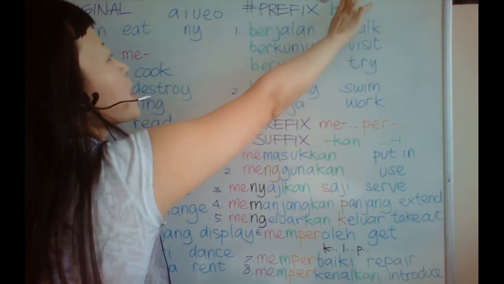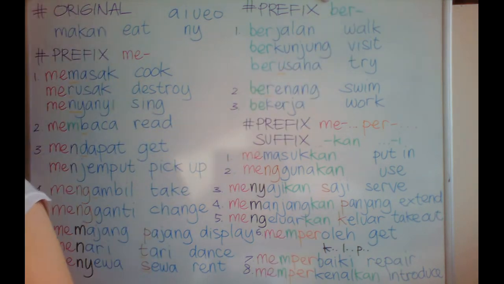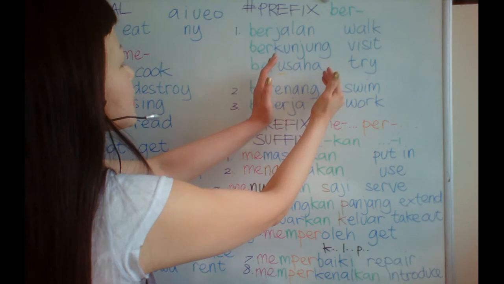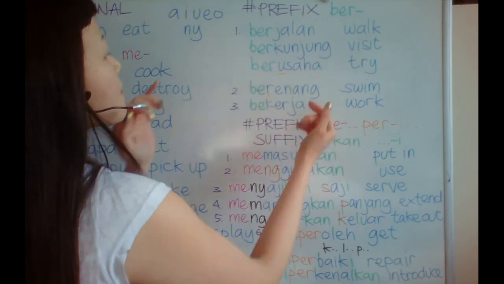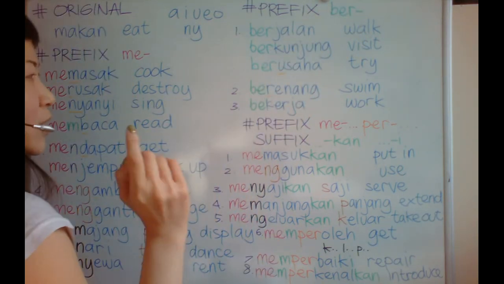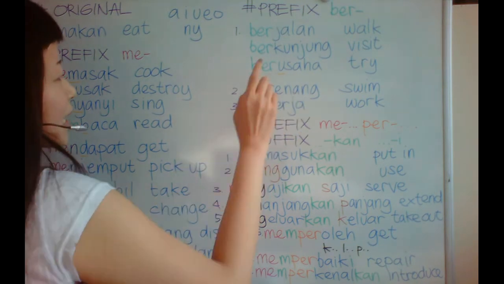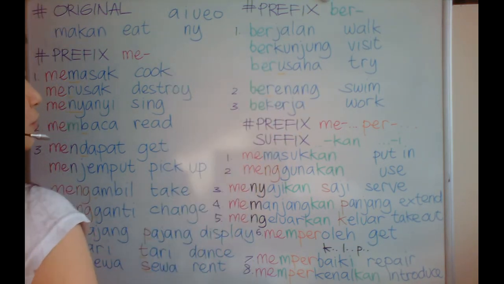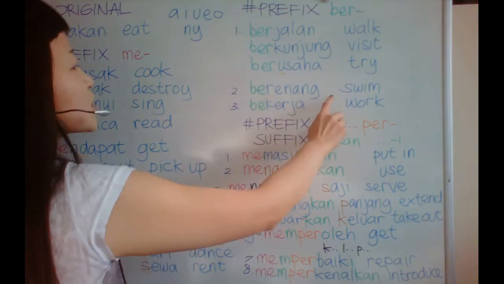It changes to become be instead of ber. The renang is still the base word, renang. We put the be because the initial is R. It cannot be berrenang with 2 R. Cannot. Berenang, swim.